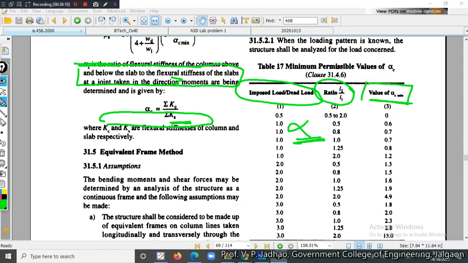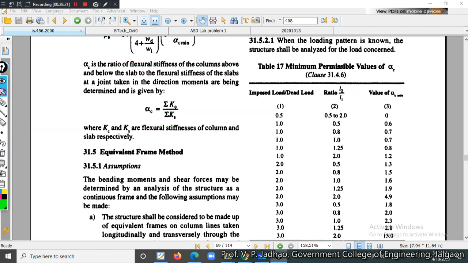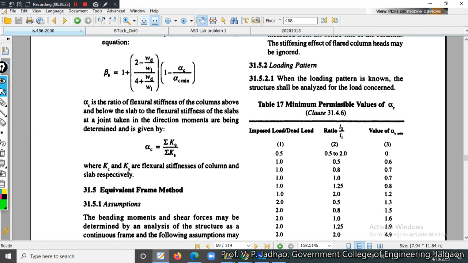If alpha c is greater than alpha c minimum, then we have to calculate the correction factor, or modification factor, given by the formula beta s.